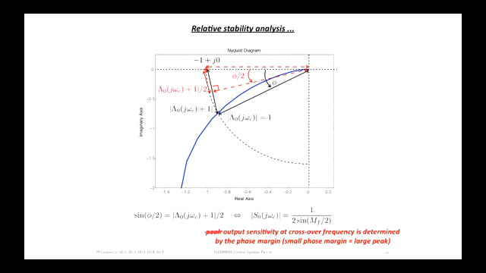And it turns out that there's an explicit relationship between the gain of the output sensitivity function at crossover and the phase margin. And you can determine this by just analysing this little triangle here, okay? That's what lambda is, the complex number at the crossover frequency. Our phase margin is the angle of lambda at crossover relative to the phase of the critical point.